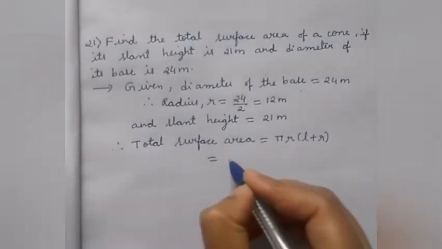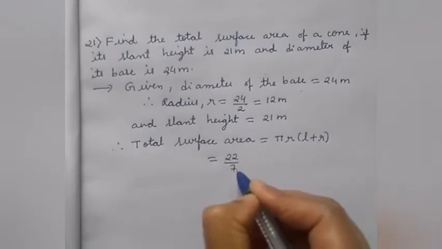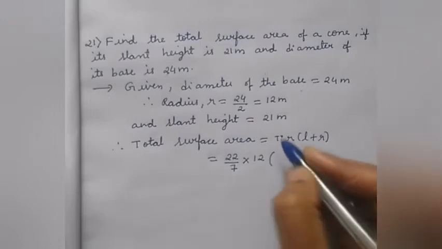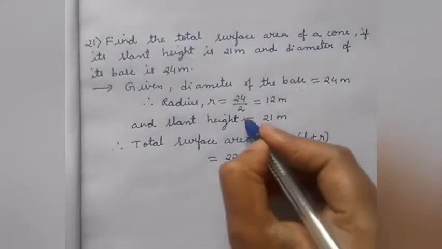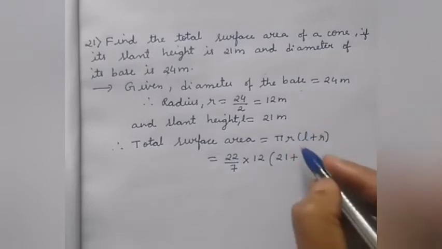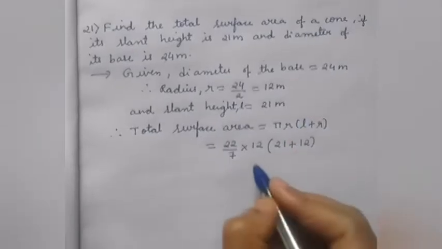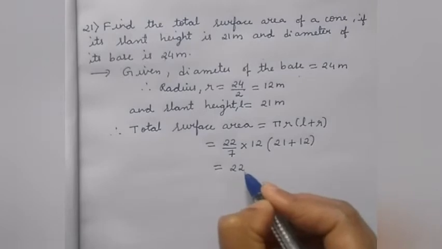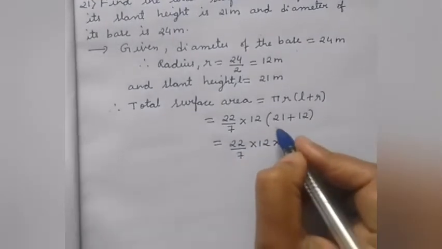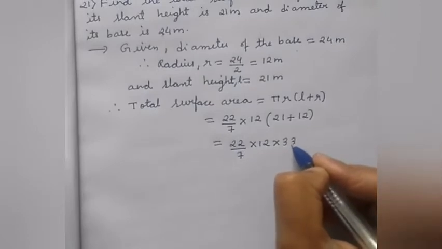That is equal to pi is 22 divided by 7 into r is 12 into (L, slant height L, given 21 plus r is 12). That is equal to 22 divided by 7 into 12 into (21 plus 12 is 33).